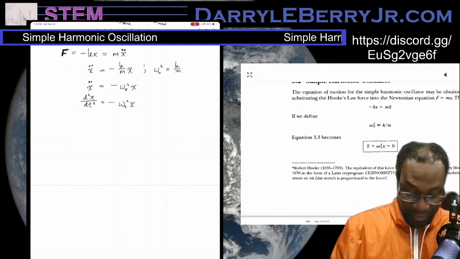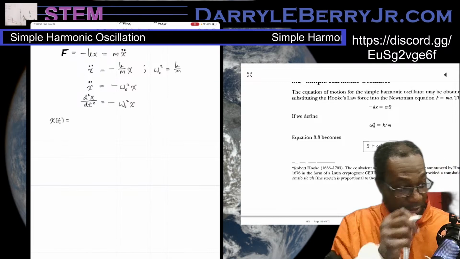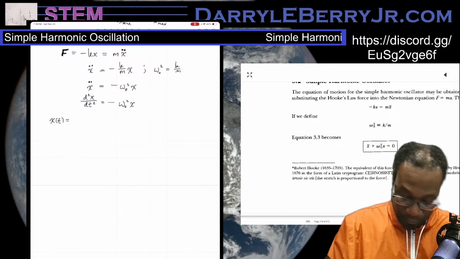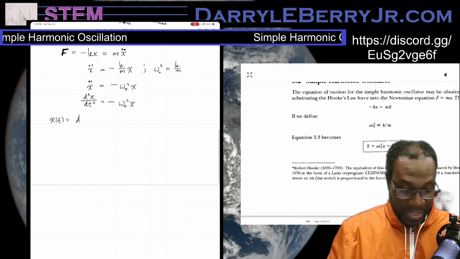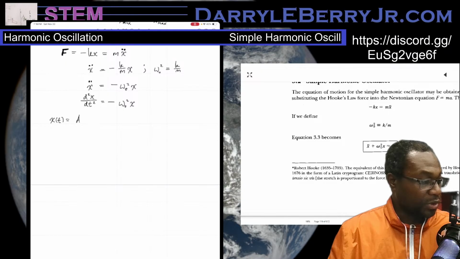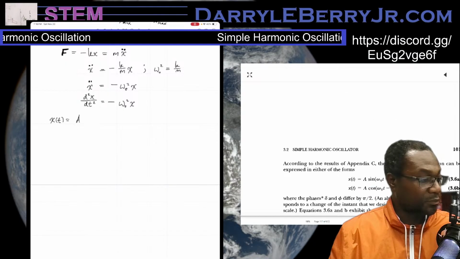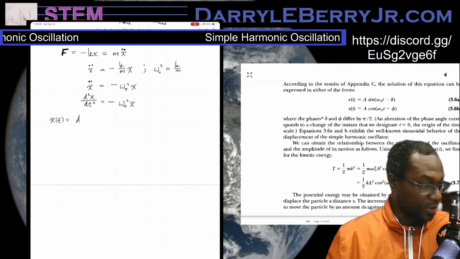So basically we have x of t equals A, and I'll go sine, but I'll go cosine. Let's see which one the book does.